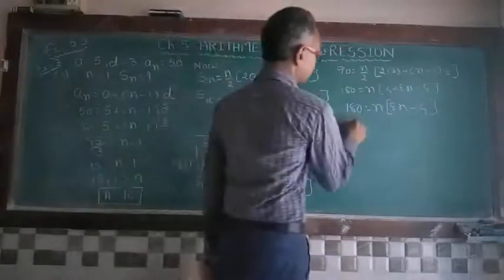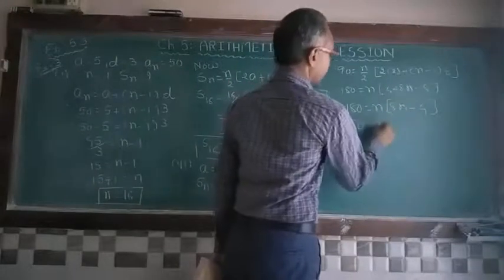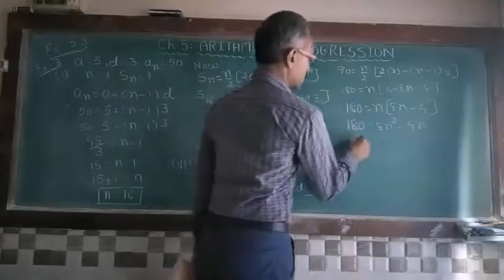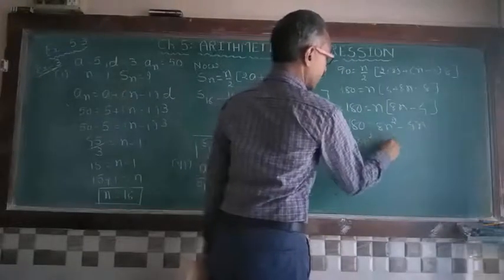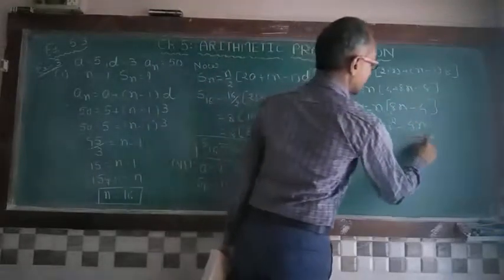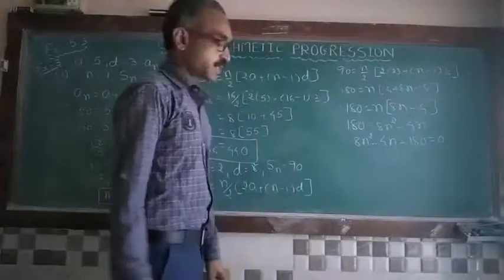Okay, so 180 is equal to 8n square minus 4n. So 8n square minus 4n, 180 from left to right, it is minus 180, is equal to 0.